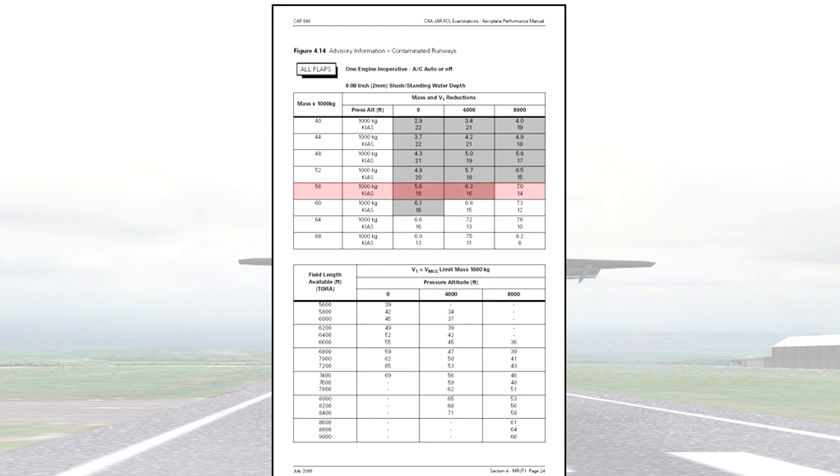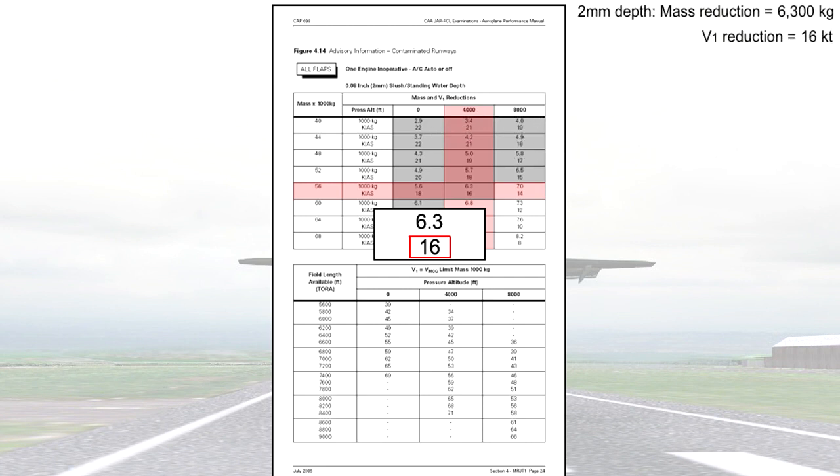Assuming a regulated takeoff mass of 56,000 kilograms and an airfield pressure altitude of 4,000 feet, you can see that the mass reduction is 6,300 kilograms and the V1 reduction is 16 knots.